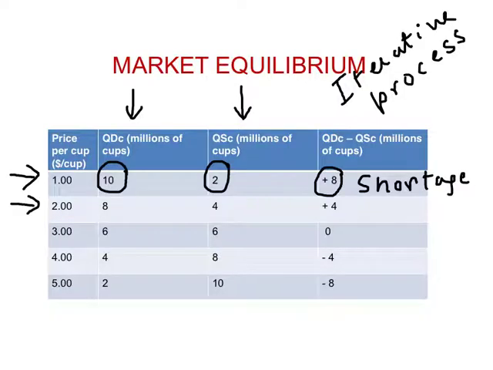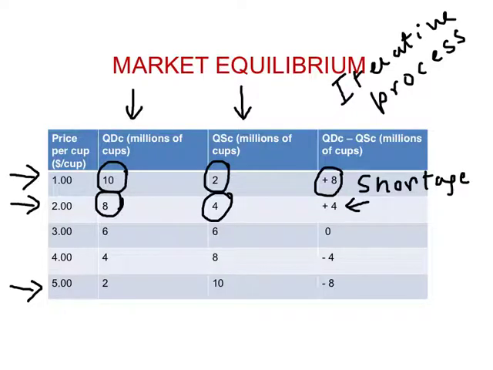Now, Starbucks believes its coffee is really good and consumers could perhaps pay a higher price. And so they set a price of $2 per cup. At $2 per cup, quantity demanded is 8 million cups, quantity supplied is 4 million cups, and we still have a shortage, though the extent of the shortage has decreased. Now suppose in the next time period Starbucks becomes really ambitious and sets a price of $5.